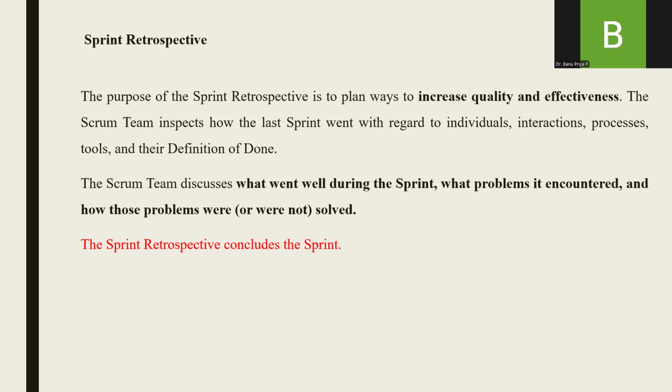How they can incorporate the changes in the upcoming sprints. The sprint retrospective review concludes that particular sprint. So for every sprint, there will be a sprint review as well as a sprint retrospective review.